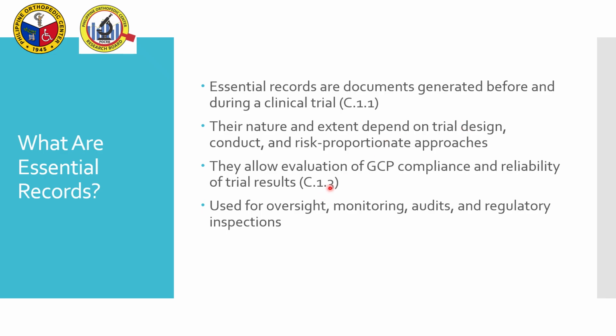For example, if an auditor asks, was the investigator qualified? You show their curriculum vitae and GCP or the Good Clinical Practice Certificate. If a regulator asks, was informed consent properly obtained, you show signed consent forms. These records are used in monitoring, audits, and regulatory inspections.